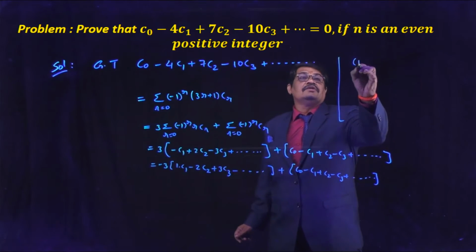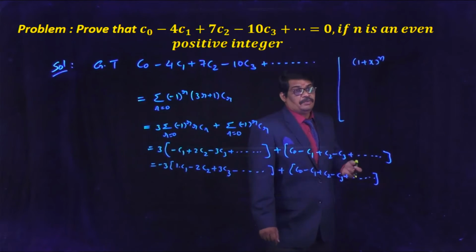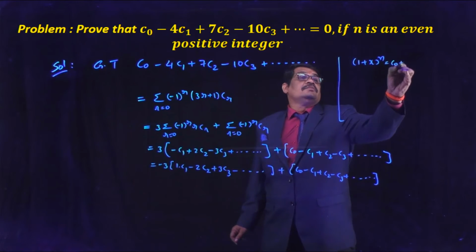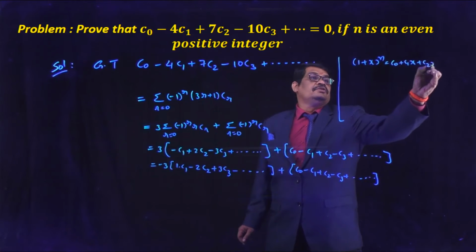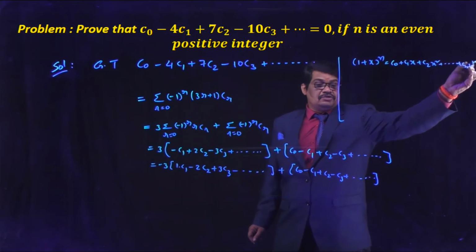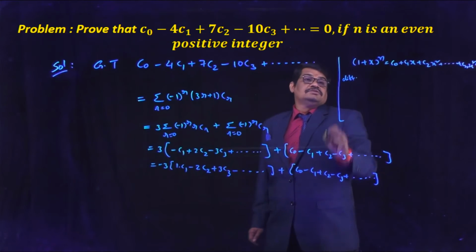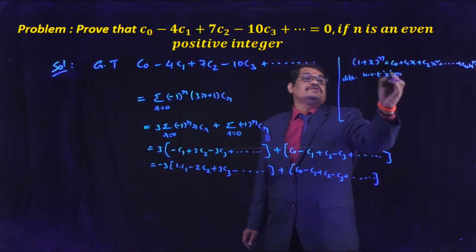Suppose we take 1 plus x whole power n. That is the standard binomial expression. What is the expansion? That is C0 plus C1 x plus C2 x square and so on, Cn x to the power of n. Now we differentiate with respect to x on both sides.